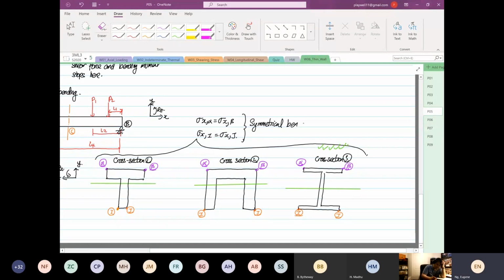So symmetrical bending has nothing to do with geometry. It's due to the stress field. When I was teaching the other class, a lot of them said cross section 3 is the one. No, it all depends on the stress field.